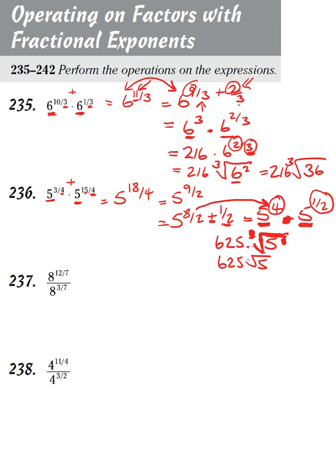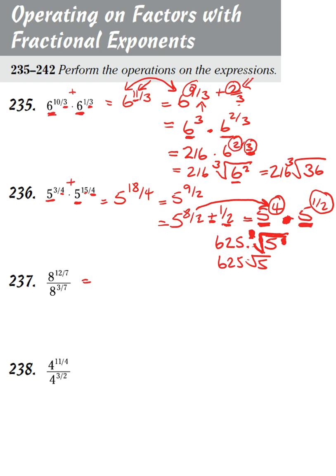Now we have a division. And again, we did this before with exponents. When we divide, it's the opposite of multiplying. Rather than adding the exponents, we subtract them. So we're just going to be subtracting the fractions. No big whoop. Alright, so what do we get here? The bases are the same, both 8.